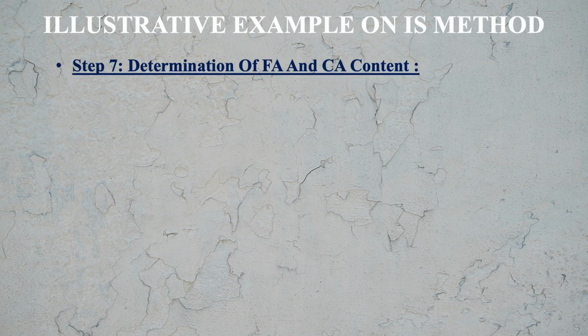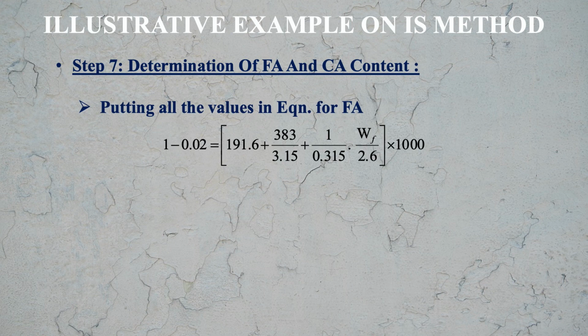Now next step, step 7, is determination of fine aggregate and the coarse aggregate content. So put the relevant values in the equation for fine aggregate that we studied in the last lecture, which was volume of entrapped air in fraction equal to W plus WC upon SC plus 1 upon P, Wf upon Sf into 1 upon 1000.